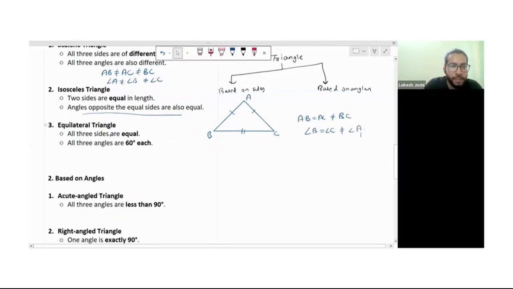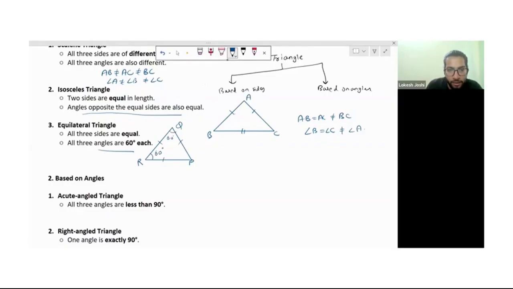Now the last classification based on the sides is the equilateral triangle. An equilateral triangle is the triangle in which all three sides are equal. So we can draw it. Suppose this is our triangle and the vertices are P, Q, R, then all three sides are equal and all three angles are 60 degrees.